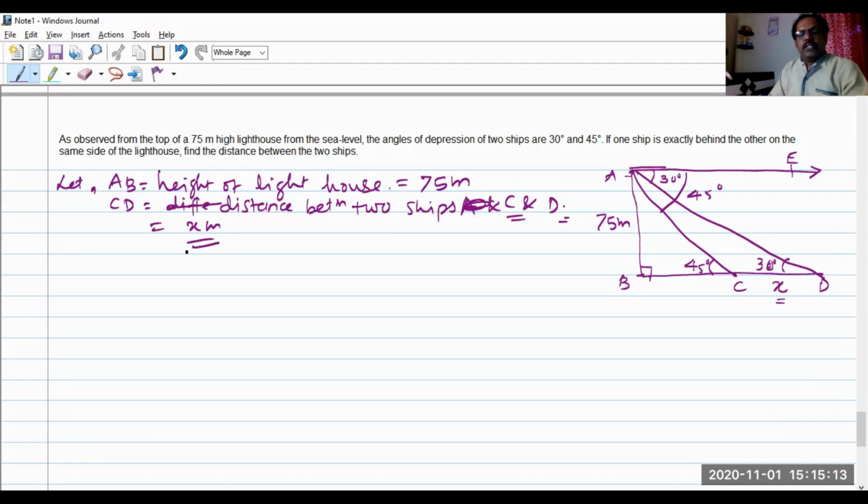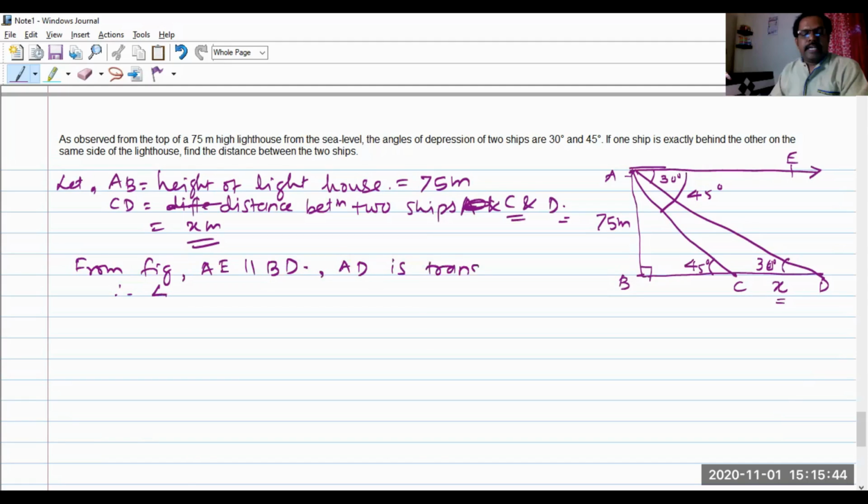Now using these angles of depression, we have the alternate angles. From the figure we can note all these things. Here AE is parallel to BD, so first we can take AD as a transversal.